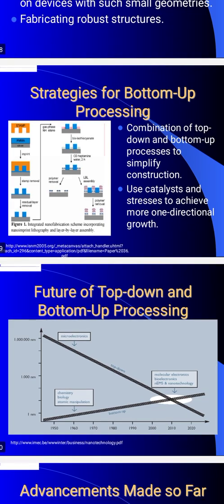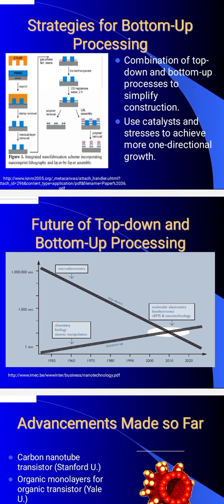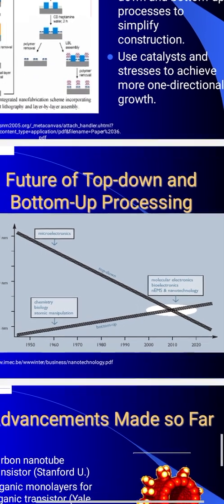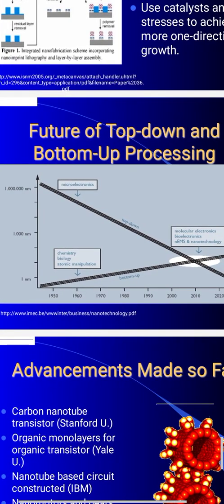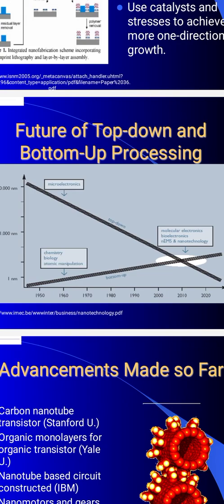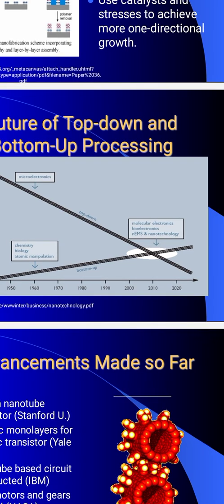And the future of top down and bottom up processing. See this, the future is shown in this slide: chemistry, biology, atomic manipulation, and microelectronics. The top line going down is top down, and the bottom line going up is the bottom up technique.